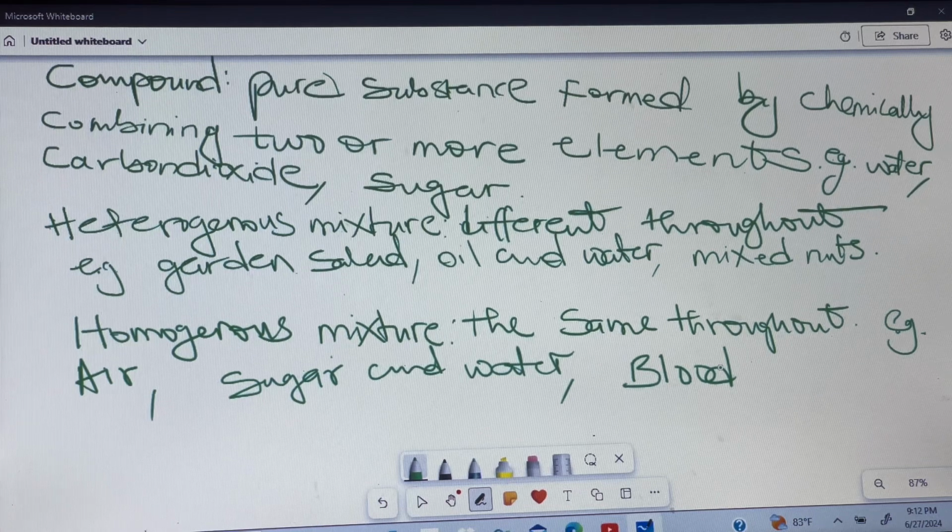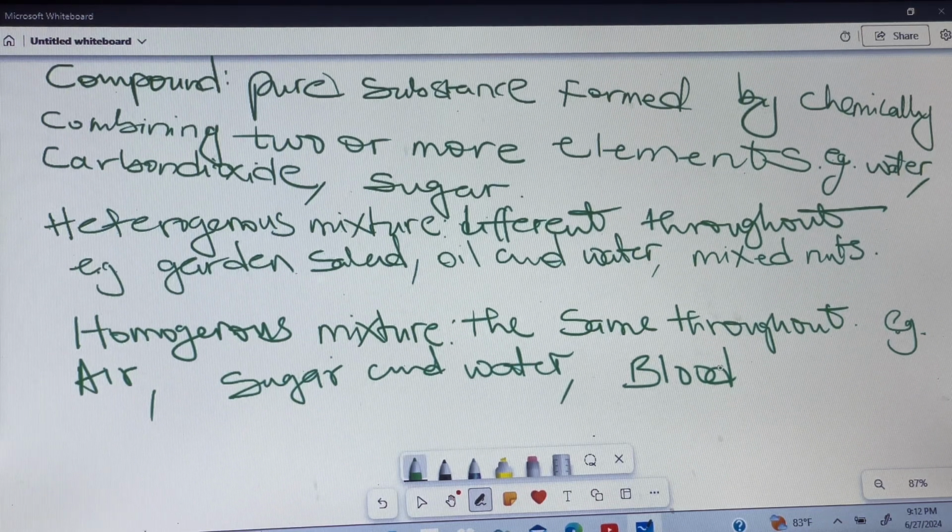So looking at homogeneous mixtures, a homogeneous mixture is when everything looks the same. It's the same throughout, both the color, the texture, everything. Like air, which is colorless. When you look at air, you cannot say, "Oh, this is carbon dioxide, or this is oxygen, or this is nitrogen." You cannot differentiate.